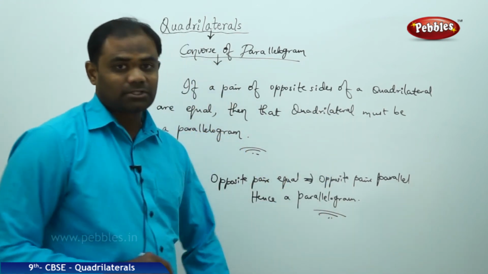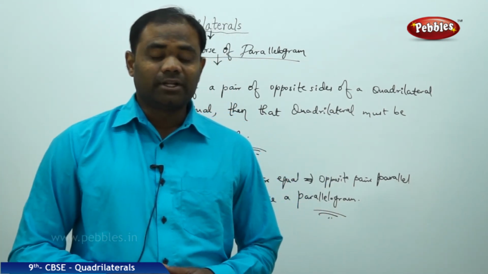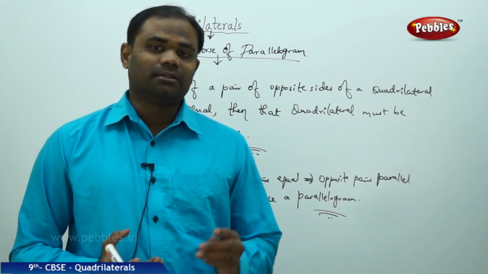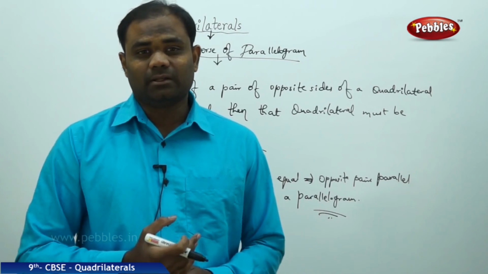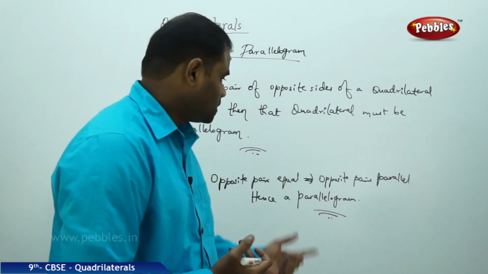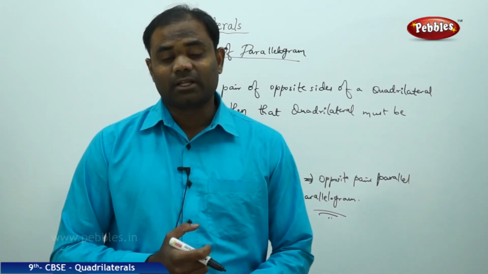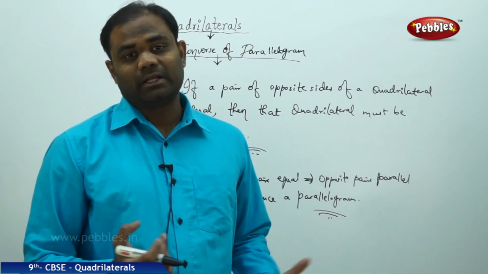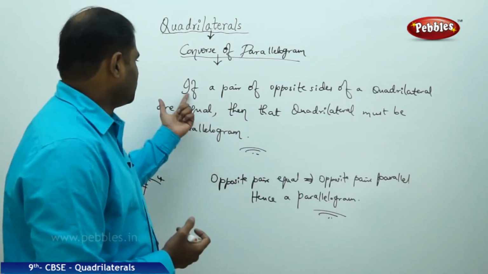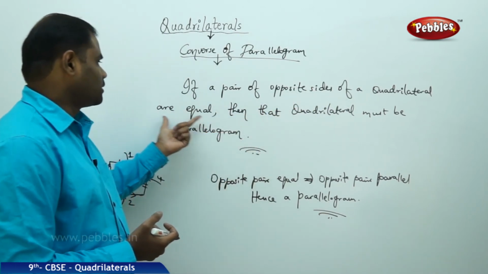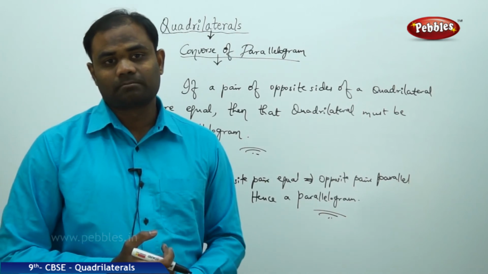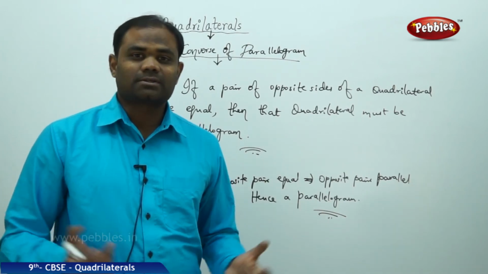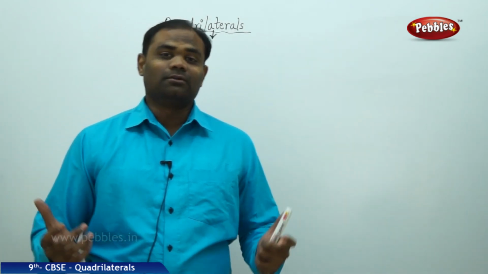This is how we understand a quadrilateral reducing to a parallelogram, either by the pair of sides being equal or the pair of lines being parallel. If a pair of opposite sides of a quadrilateral are equal, then that quadrilateral must be a parallelogram, the converse of the previous session. Now next, let's see the other properties involved with parallelogram.